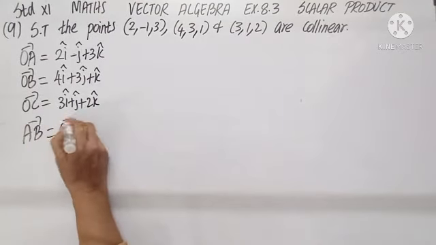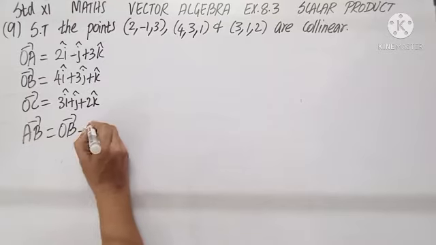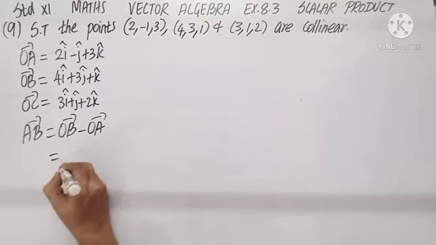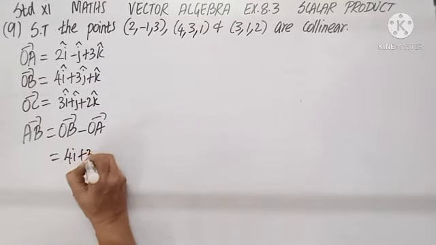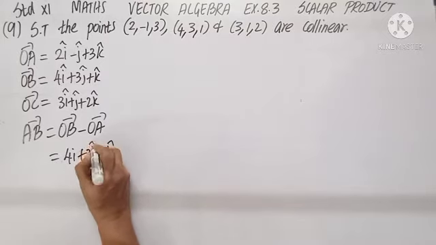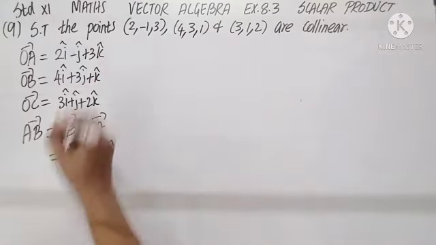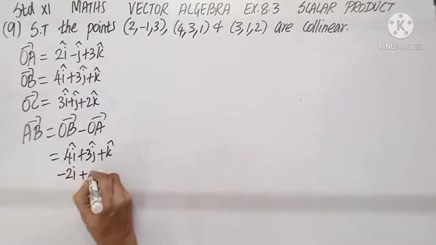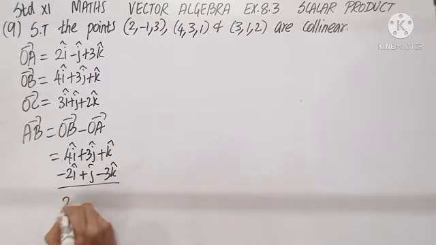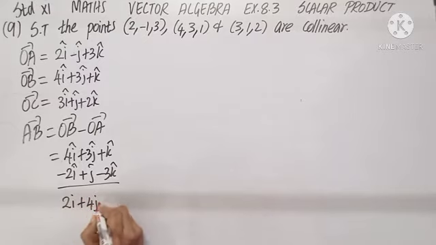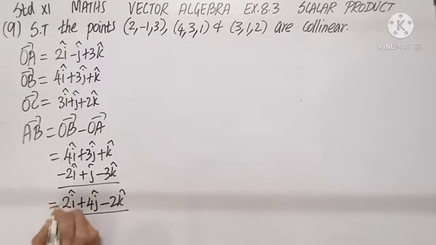It is OB, second minus first, so it is OB minus OA. 4i plus 3j plus k minus OA, change the symbol, minus 2i plus j minus 3k. We get 2i plus 4j minus 2k. This is the AB vector.